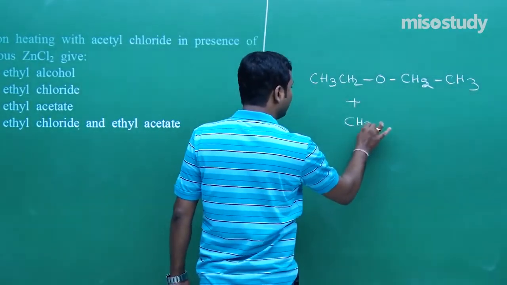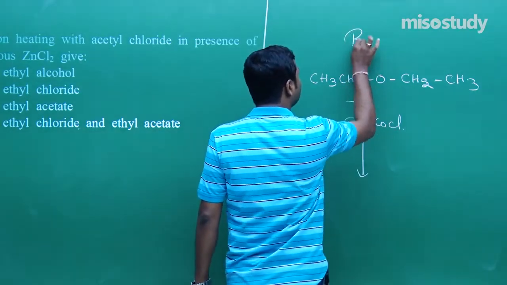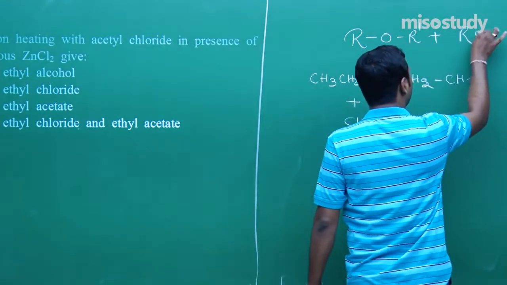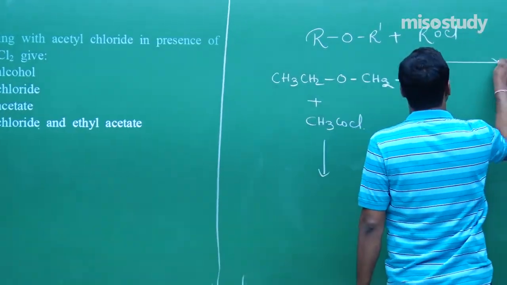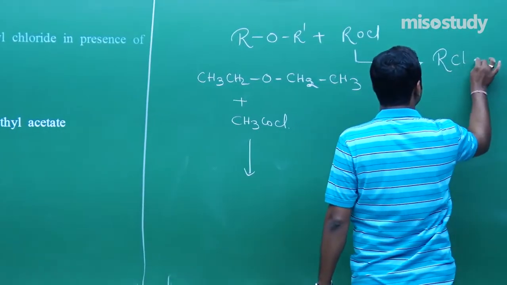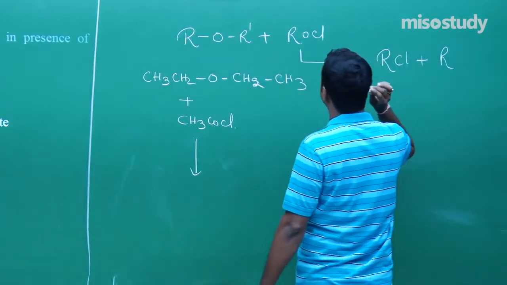Acetyl chloride CH3COCl, that is, if I write here ROR plus RCOCl, in this case what will happen? Sir, it's very simple. It gives you RCl, okay, clear to you?